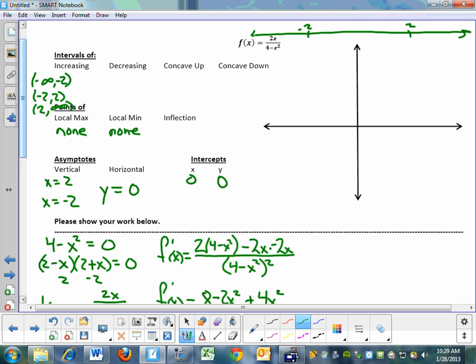Negative 2 to positive 2, that's where we have it. Okay, so that's what we're checking. And if you don't see what we just talked about, just do like we did before. Plot your negative 2, plot your positive 2. Go ahead, plug in a value, and I promise you're going to get positive, positive, positive.